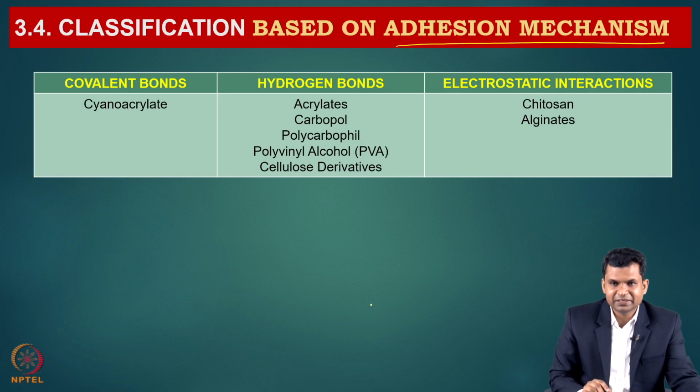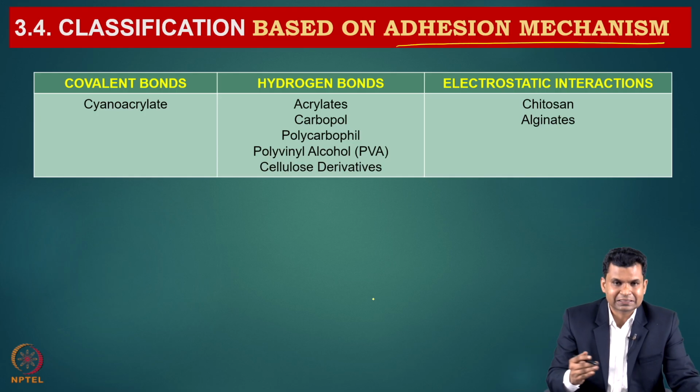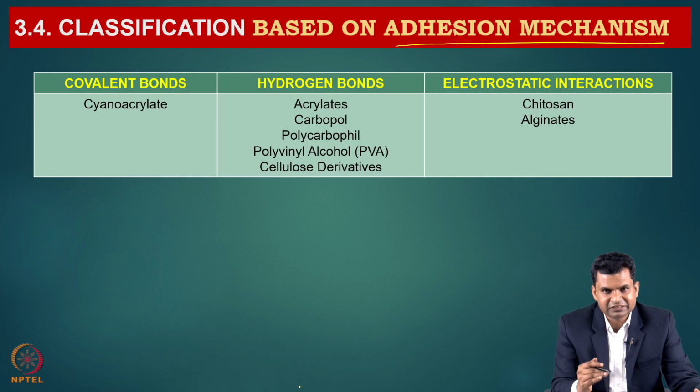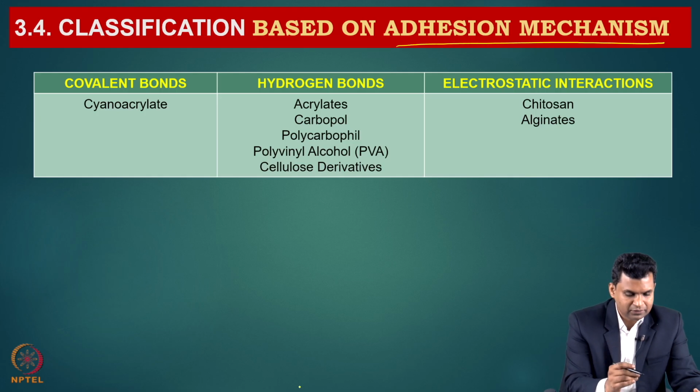So, this can be classified into three types of mechanism. In our upcoming slides, we are going to focus on other types of the mechanism also. So, this classification is for the polymers only. Here these polymers can be classified based on the adhesion mechanism.